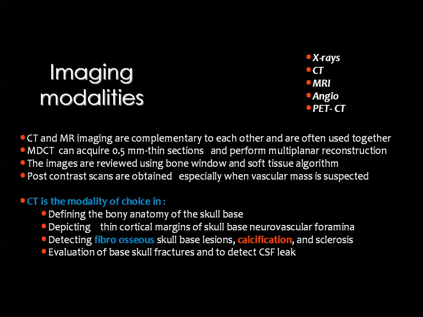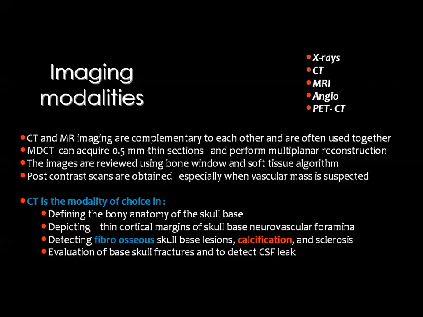You all know that we have many imaging modalities that can be used for evaluation of skull base lesions, including X-rays, CT, MRI, angiography, whether conventional or through imaging, and also PET scan may have some benefits in this area.